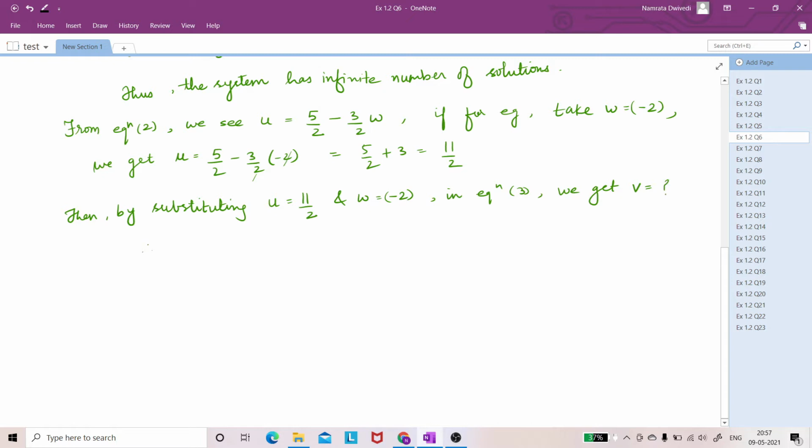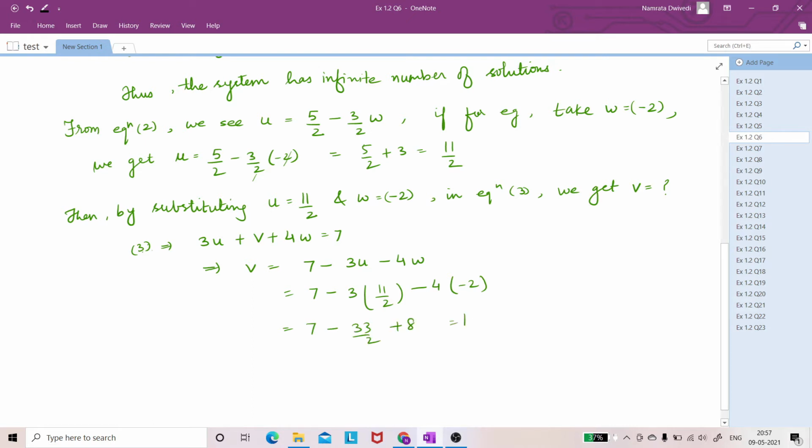Equation 3 is 3u plus v plus 4w equals 7. So v is 7 minus 3u minus 4w. So 7 minus 3 times 11 by 2 minus 4 times minus 2. So this is 7 minus 33 upon 2 plus 8, that is 15 minus 33 upon 2, which is equal to minus 3 by 2.